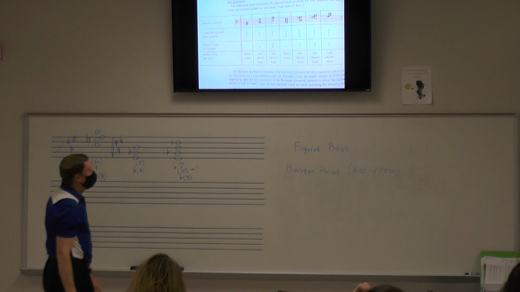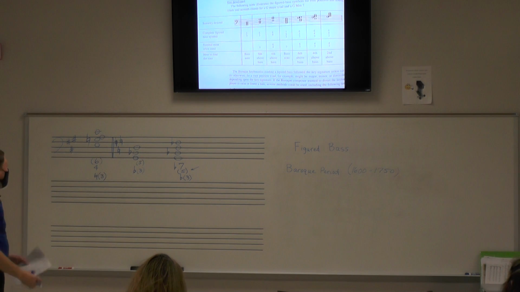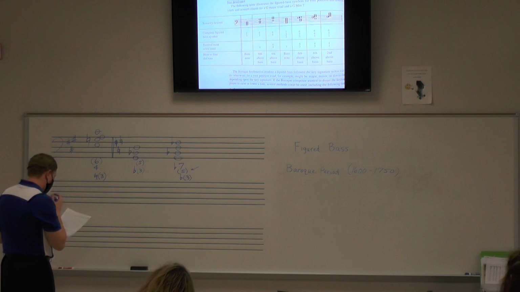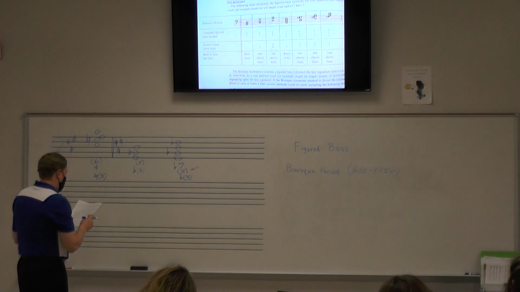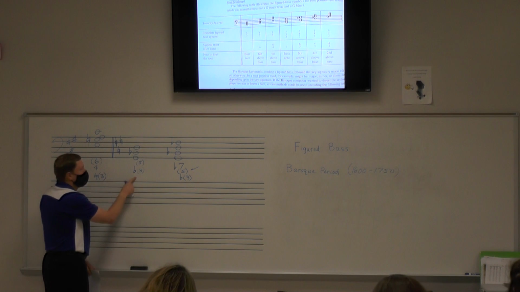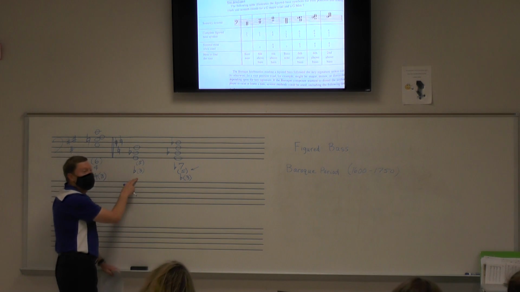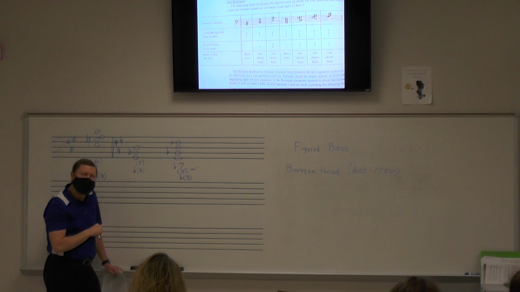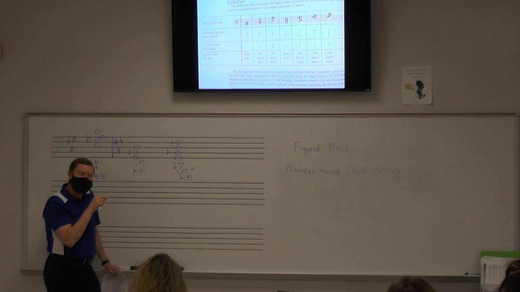And now take a step back and look at it with modern eyes. I want you to understand that when you see a 3 like this, or anything 3, it doesn't necessarily mean the third of the chord, because they weren't thinking about roots and thirds and fifths and sevenths back then.